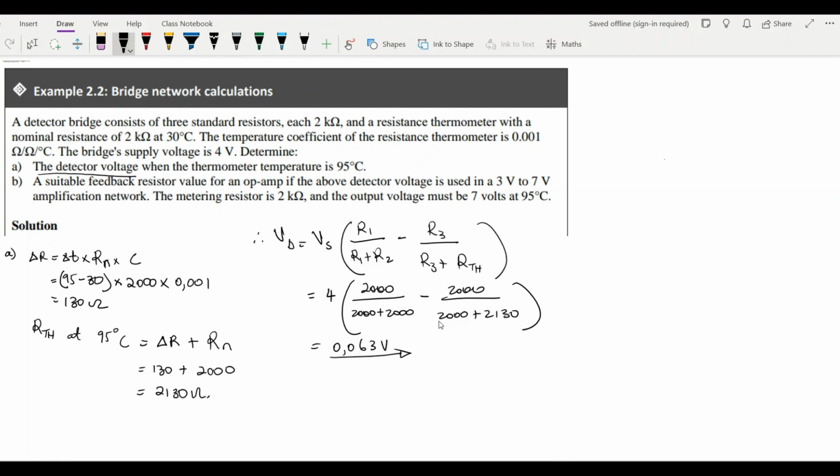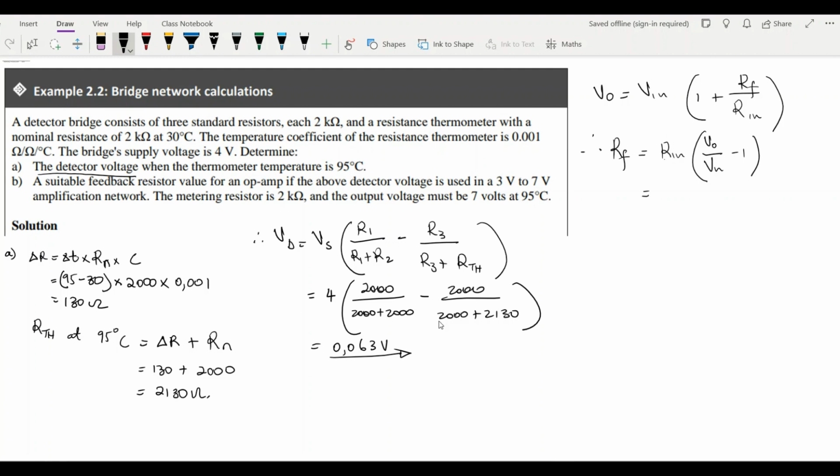The equation to use here would be given by Vout is equal to Vin into 1 plus RF over Rin, or RM. We need to make RF the subject of the formula. That is the feedback resistance that we're looking for. So when you make RF the subject of the formula, the equation you'll end up with would be RF is equal to Rin into Vout over Vin minus 1, right?